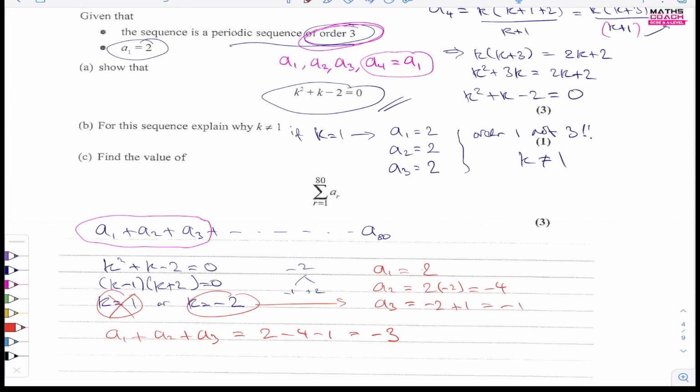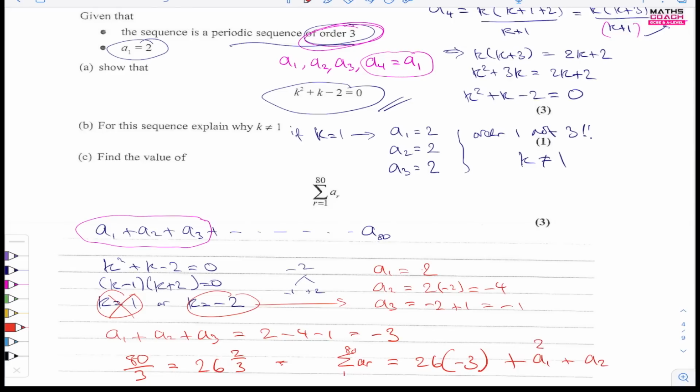So how many of these do we have up to 80? Well, if I do 80 over 3 and change that into a mixed number, you should get 26 and 2/3. So what that means is that we've got 26 lots of minus 3s. So the summation from 1 to 80 of A_r would be 26 lots of minus 3 plus 2 out of the 3 terms, in other words, the first 2 terms, A1 plus A2.